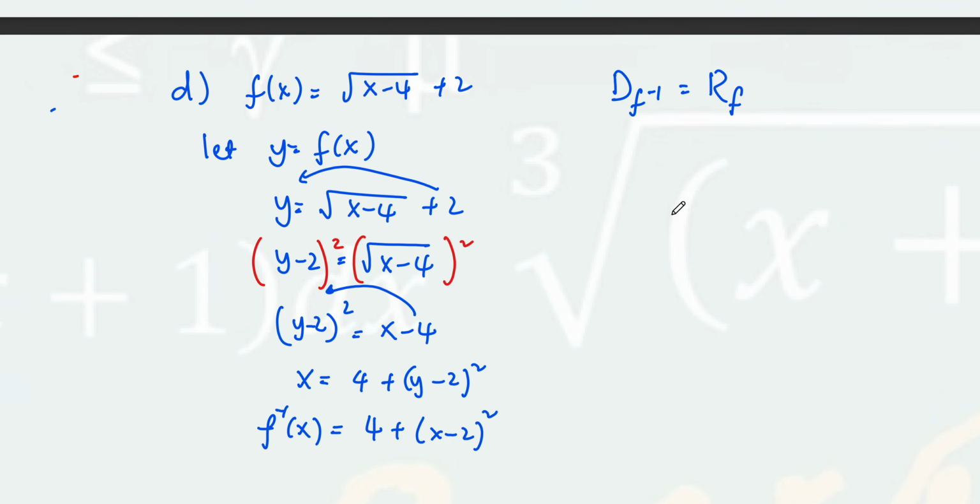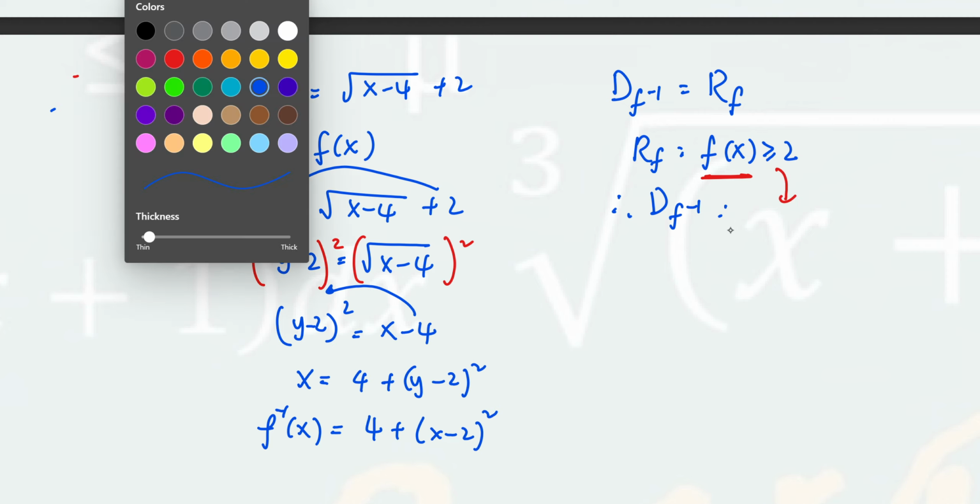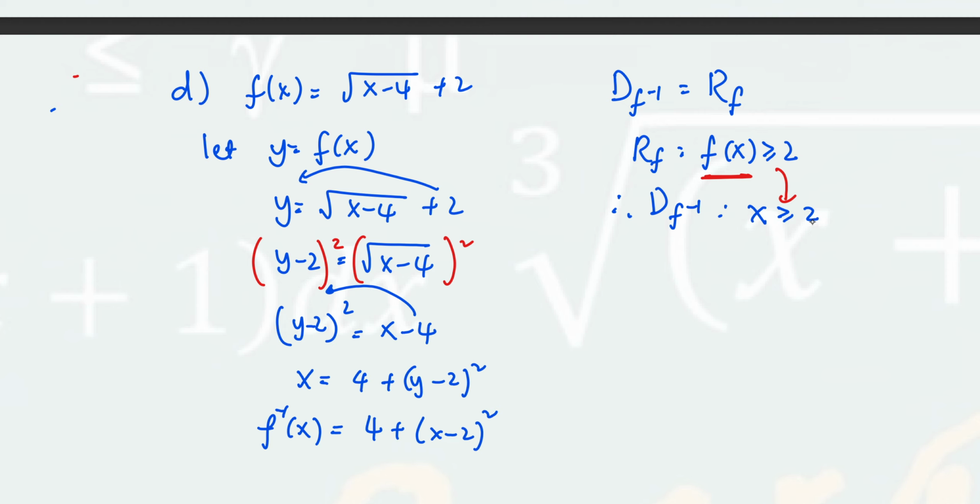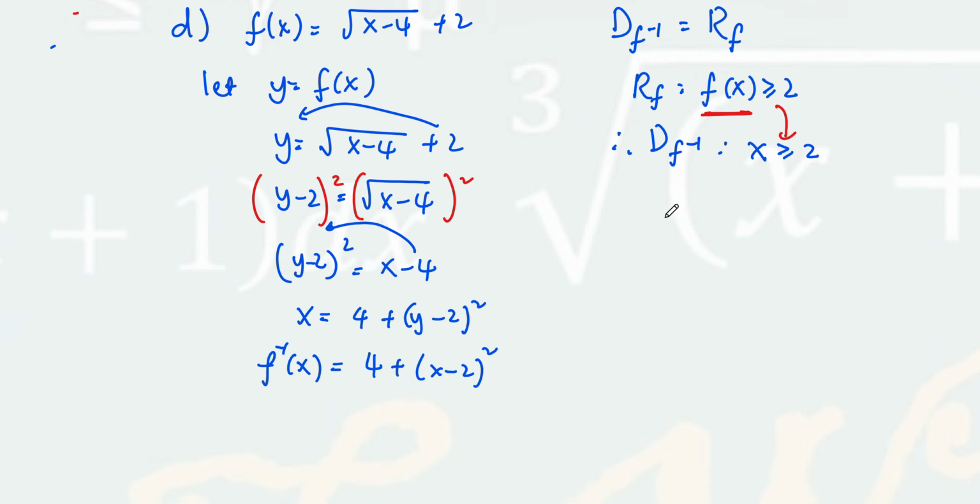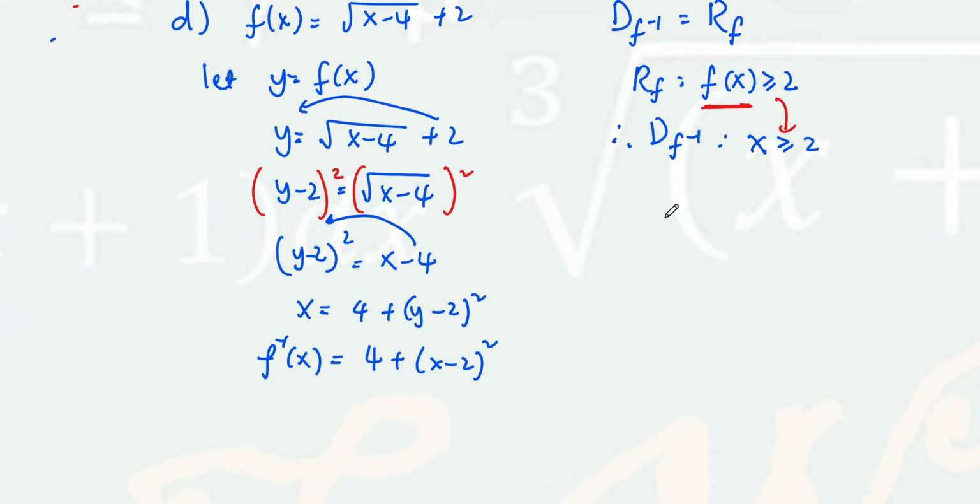So I will just write range of f, f(x) greater than or equal to 2. Therefore, for the domain of f inverse, just change this into x and rewrite the rest. So here it will be x greater than or equal to 2. That will be the solution for D.